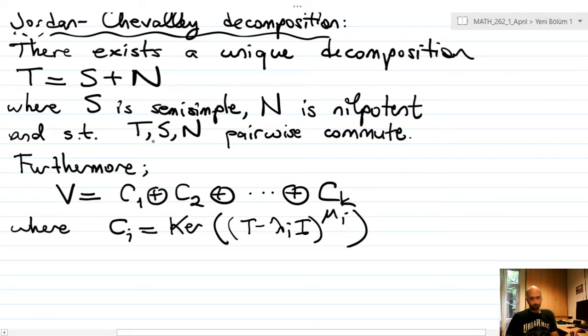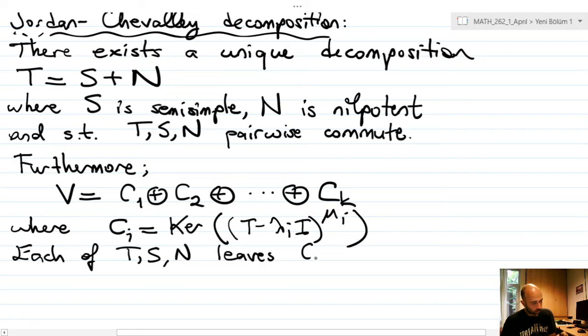Okay. Now, what is the relation to these operators? Something important that we should know is that each operator T, S, N leaves each of these subspaces C_i invariant.